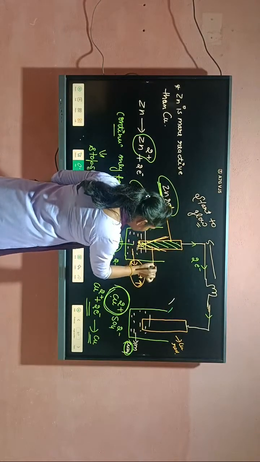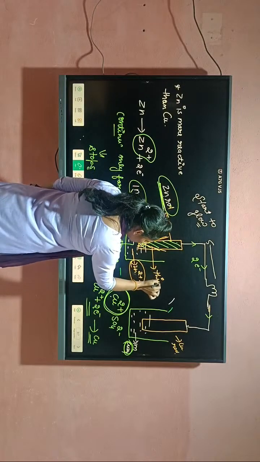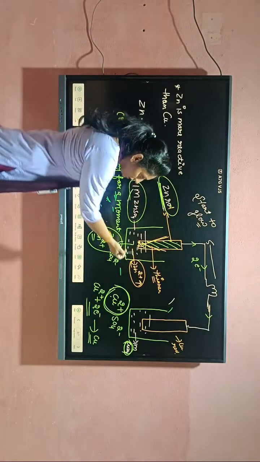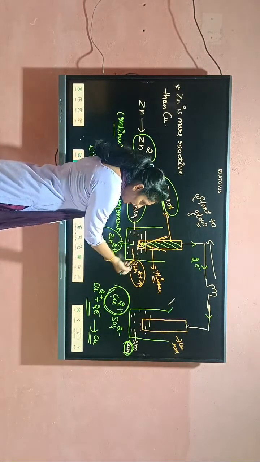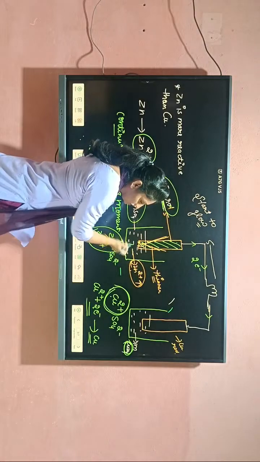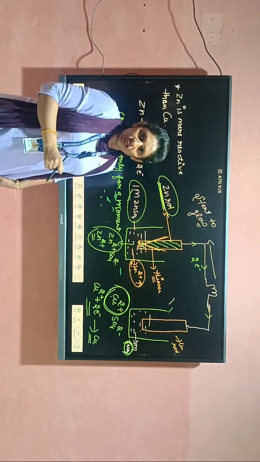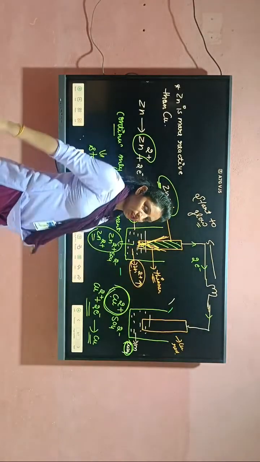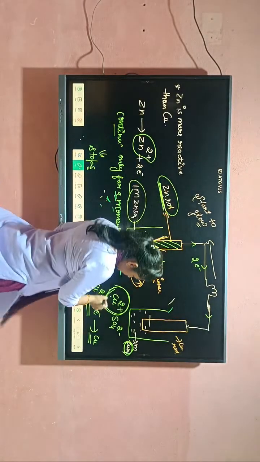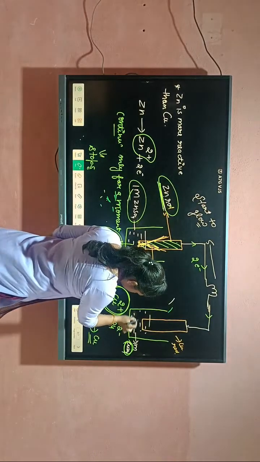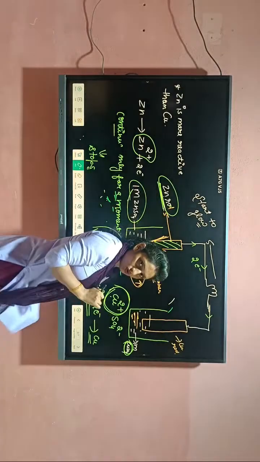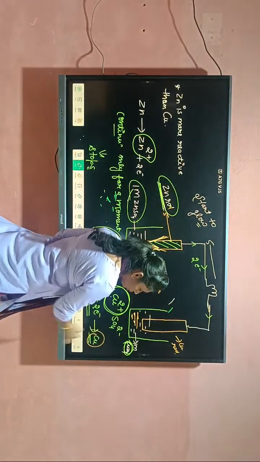It starts to become thinner, because continuously the metal is converting into Zn2+ ions, and these Zn2+ ions come into the solution. So continuously it becomes thinner. And here what will happen? These copper ions which are present in solution gain electrons and they are converting into copper.